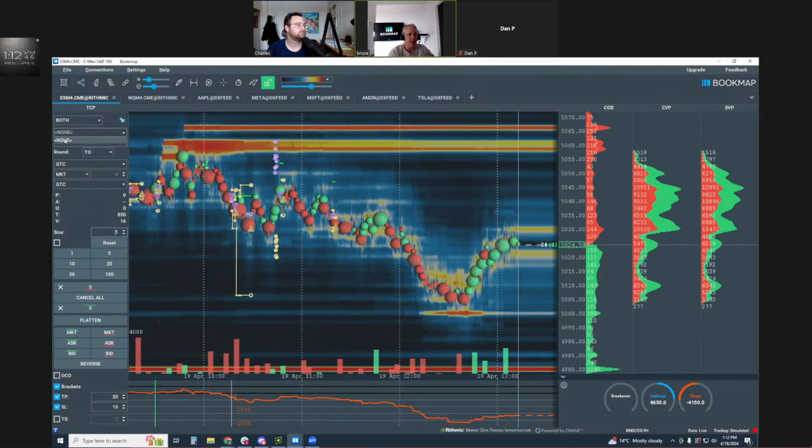And then you'll select here from the dropdown, the MES will be available. Select it and then hit start. And then when you place orders over here and get filled, you will be trading off the ES chart, but they will be routed and the trades will be taken in the MES micro account. That is a great idea.